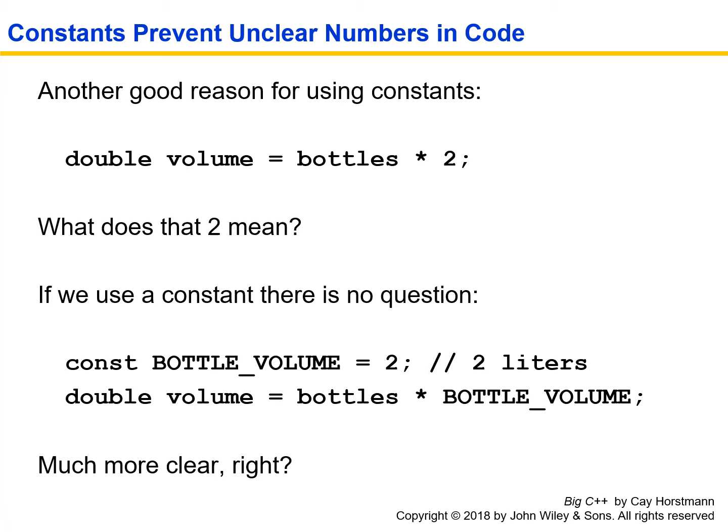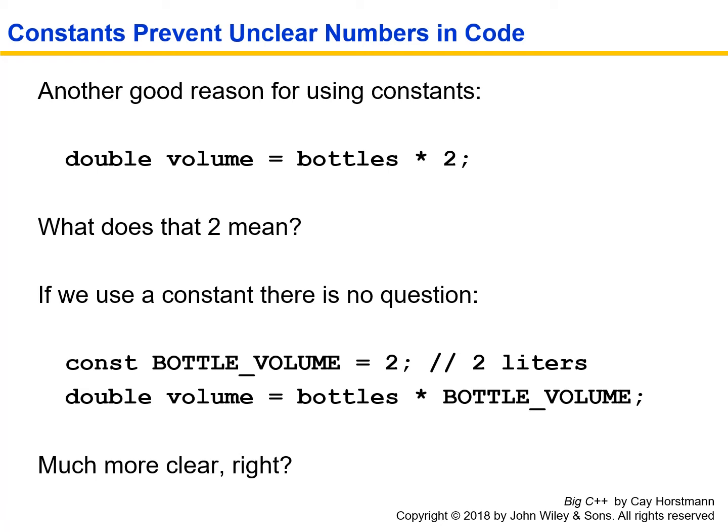Another good reason for using constants, switching gears here: what if you said that the total volume of all your bottles is the number of bottles times 2? Well, what does that 2 mean? Are we doubling the number of bottles? No, 2 is supposed to mean the volume of a bottle. We're using 2-liter bottles.